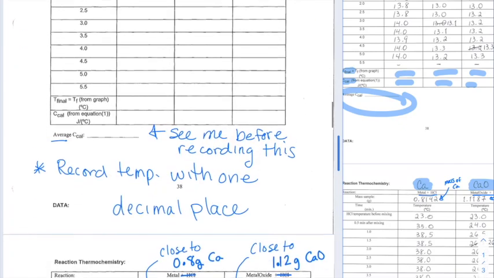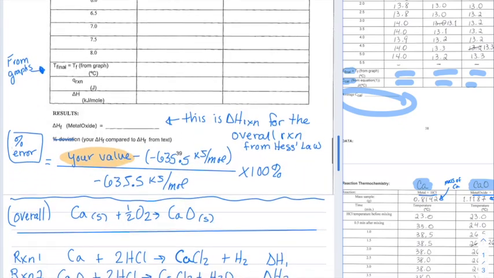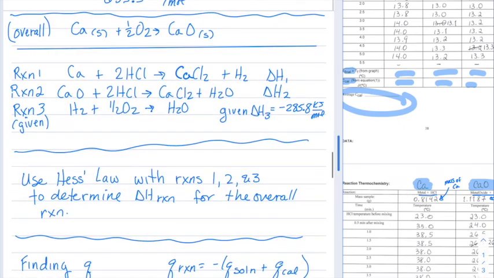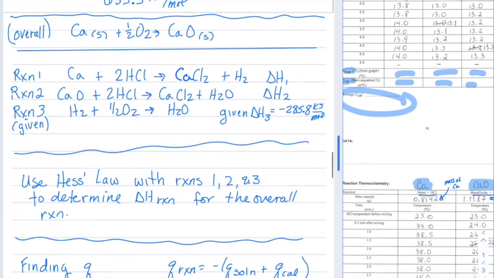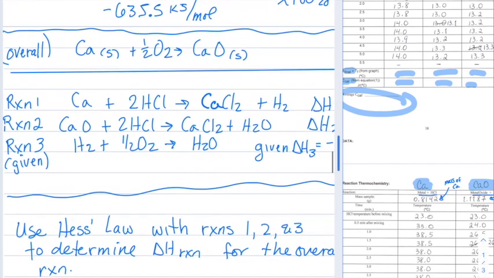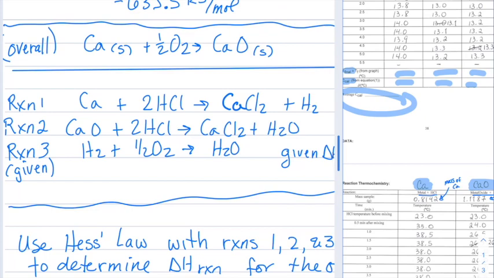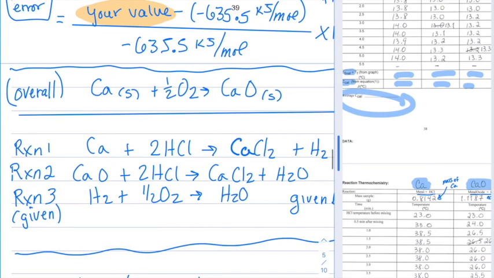All right, so these would be your data tables, and Dr. DA talked to you about these equations here. I'm going to skip what I would normally say about this equation over here, other than to say this is our Hess's law. So here you have reaction 1, 2, and 3.